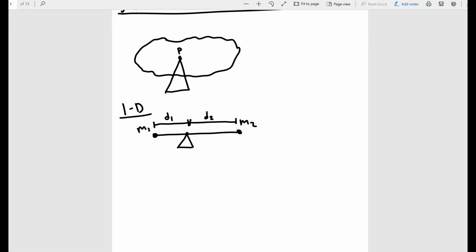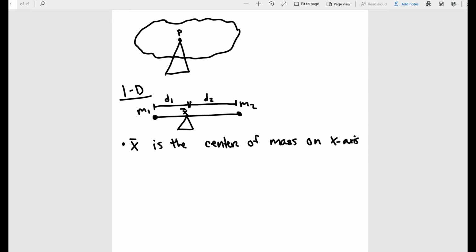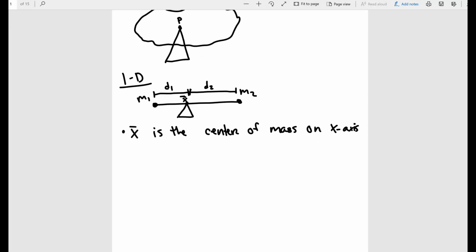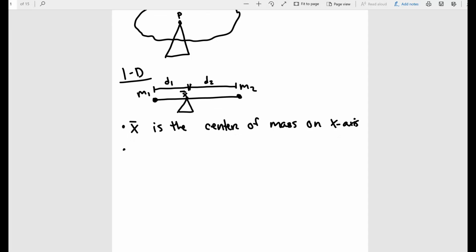Okay, so we're going to call the center of mass x bar. I'm going to write it right here. X bar is the center of mass on this x-axis. If I were to imagine this to be an axis, this is what it is. So let's say mass 1 is at some point x1, okay?